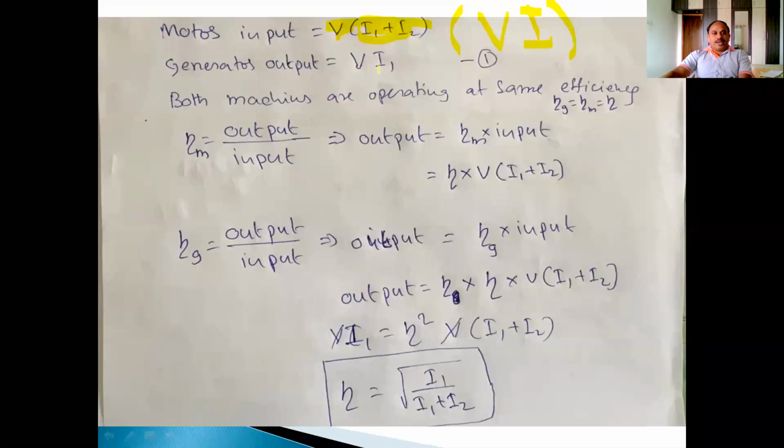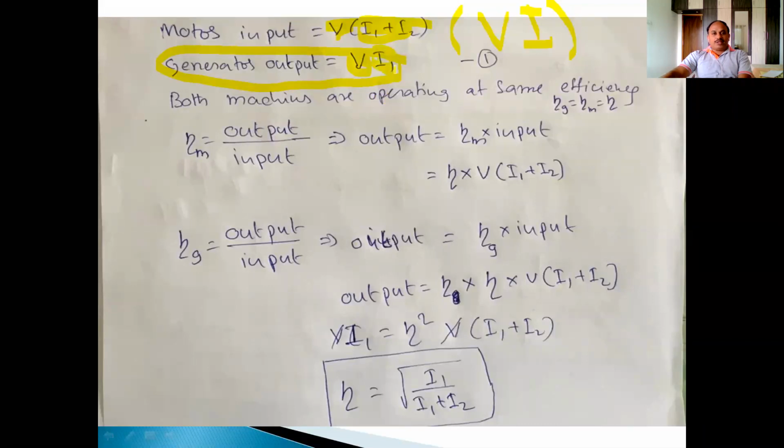Next, generator output. How much power is given by the generator? Voltage is common for both the motor and generator because both are connected electrically in parallel, so the voltage is V for both. The current delivered by the generator is I1.